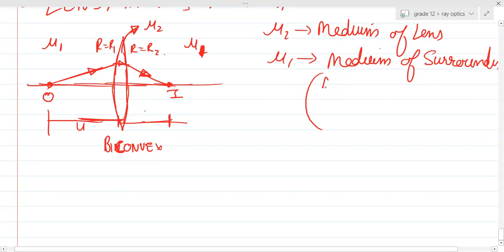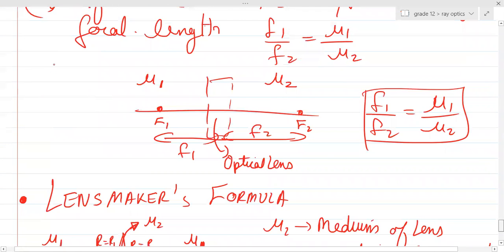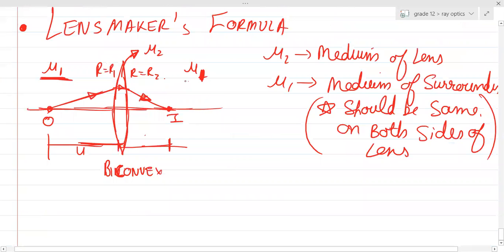Please remember, the surrounding should be the same on both sides of the lens. Then only this lens maker's formula is valid, otherwise no. So this is terms and conditions.